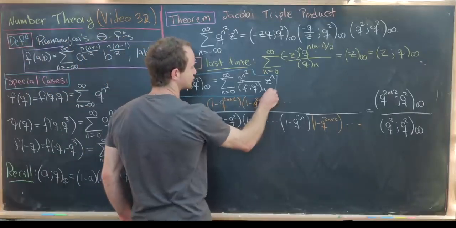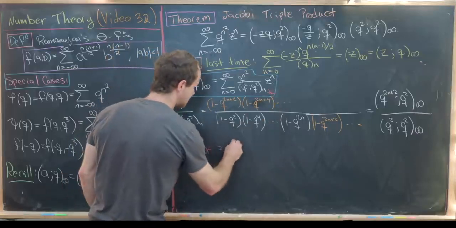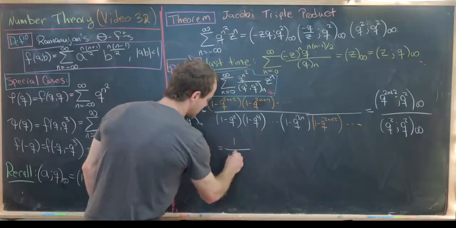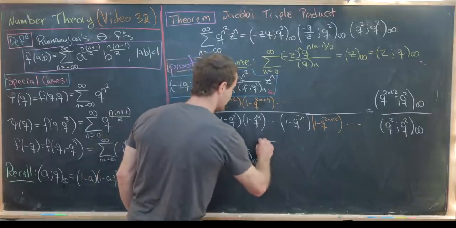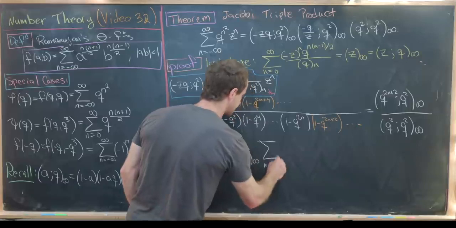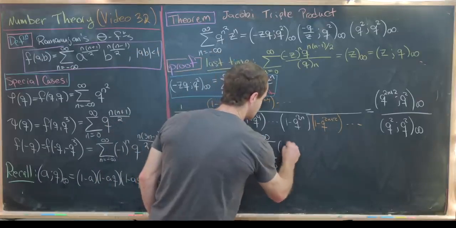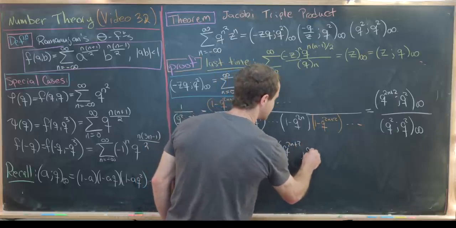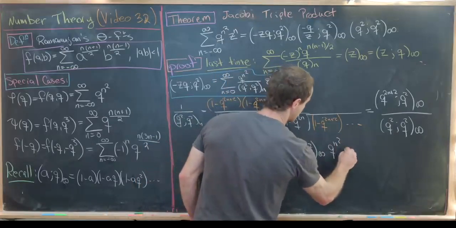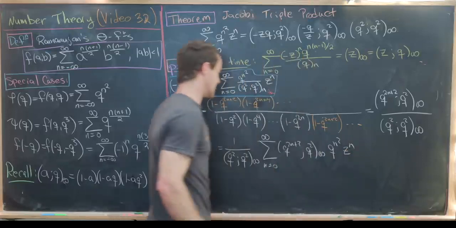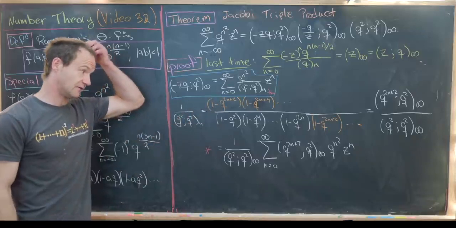So let's maybe put a star here, and notice that we can rewrite that as 1 over (q squared; q squared) infinity, and then we have this sum as n goes from 0 up to infinity of (q^(2n+2); q squared) infinity, and then q^(n squared) times z to the n. So again, that's just rewriting it using this line right here.